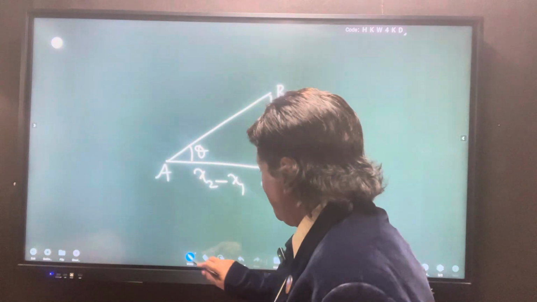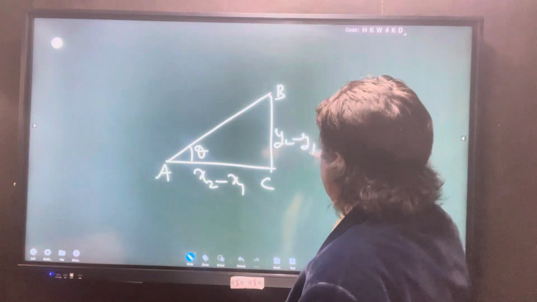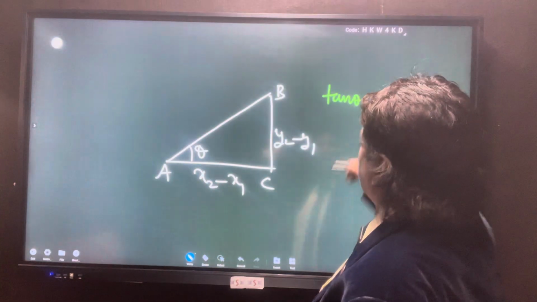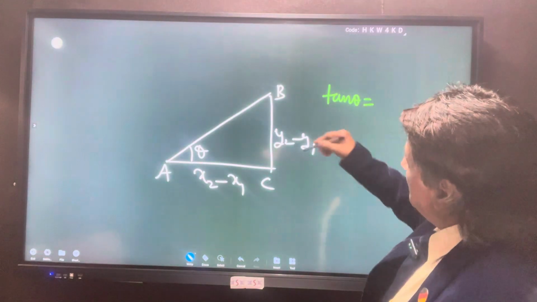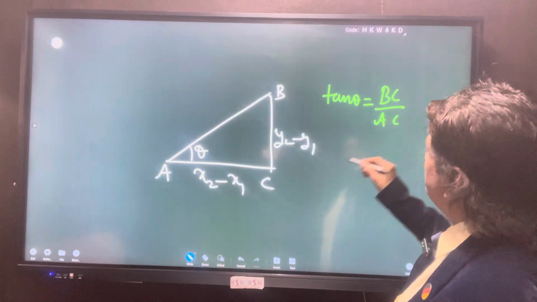Interesting. What do you find? You will see that tangent theta is nothing but perpendicular BC upon AC.